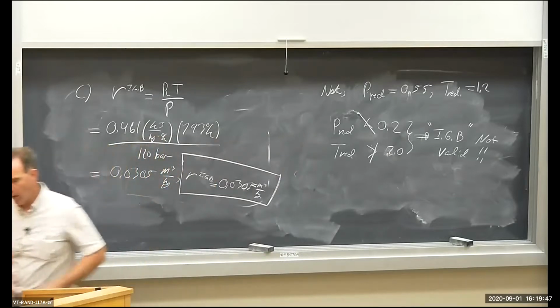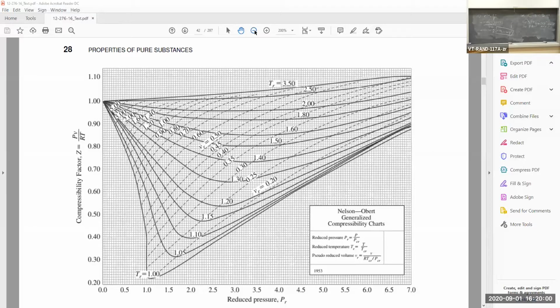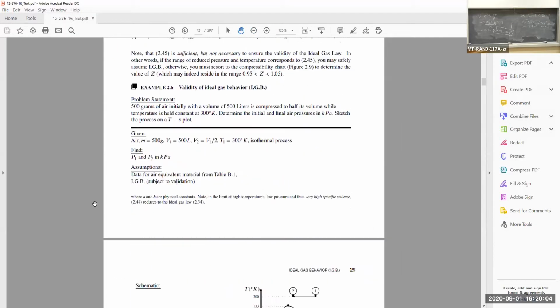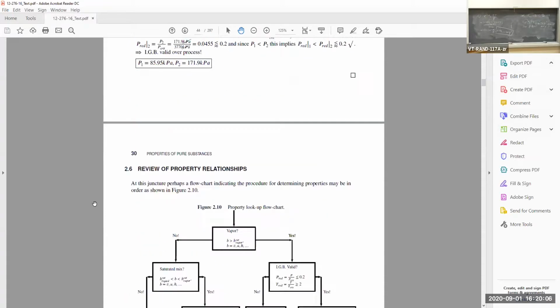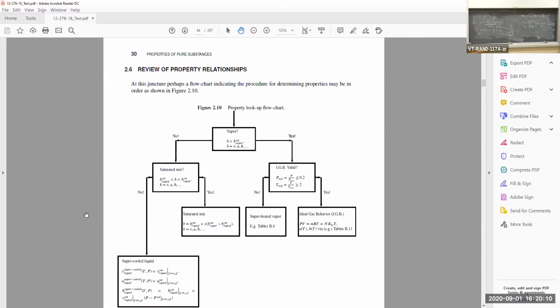Okay, this is a lot of stuff here. A lot of stuff we've gone over in chapter 2, properties of pure substances in the notes. Let me show you a table here that you might find extremely useful to keep your head straight on what the various property relationships are, how to get the various properties for the various materials and the phases.